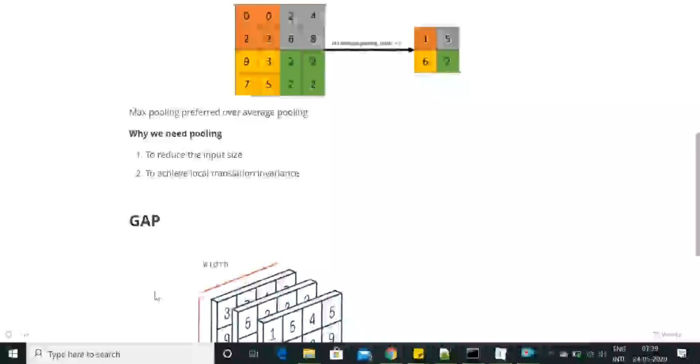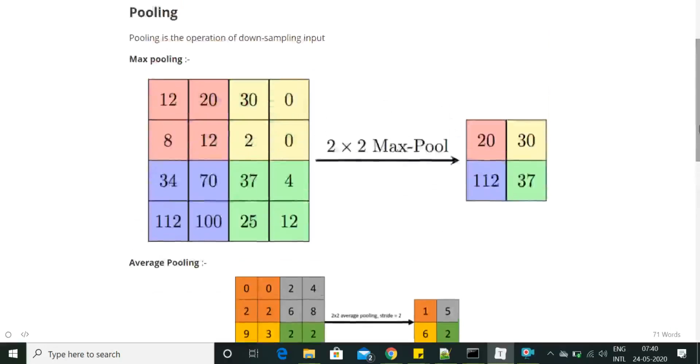The second and important reason why we need pooling is to achieve local translation invariance. What does this mean? Let's try to understand it with the help of an example. We know that when we apply max pooling, we try to take the most important feature and take it forward. So in this orange region, what is the most important value? That is the highest value. It is 20, right?